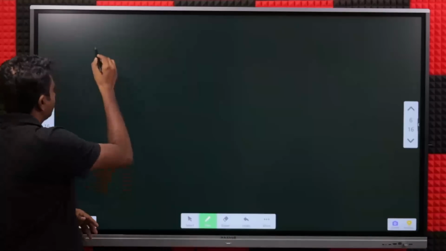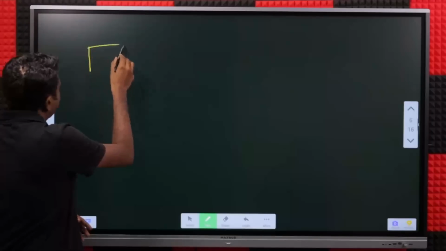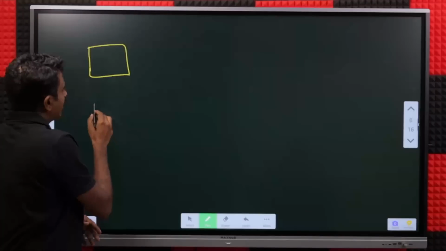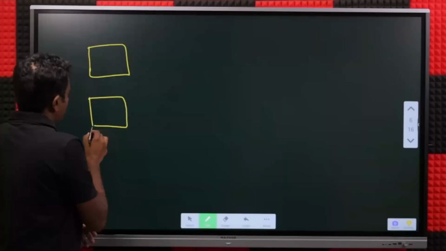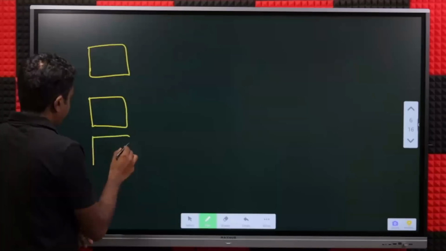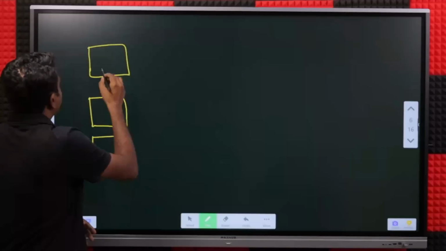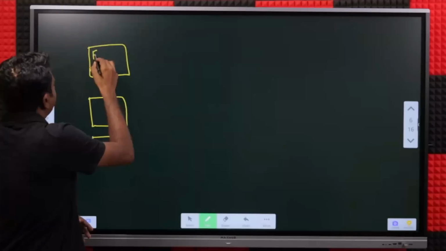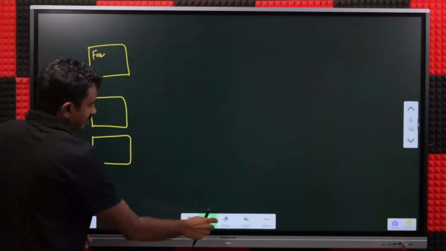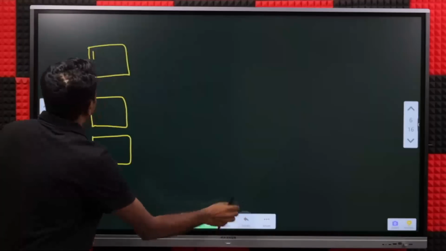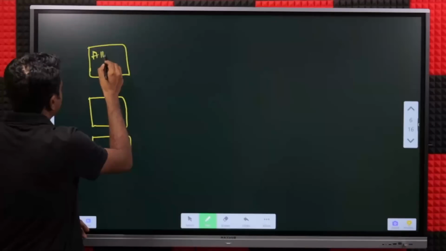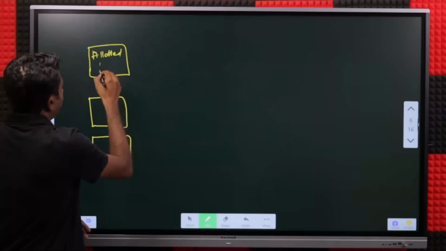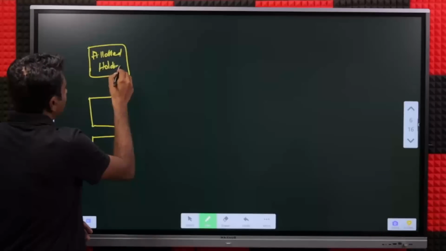The process is this: in All India Round 2, there will be 3 sets of candidates who are going to fill choices. One, candidates who are allotted and holding a seat. This is one set, right?